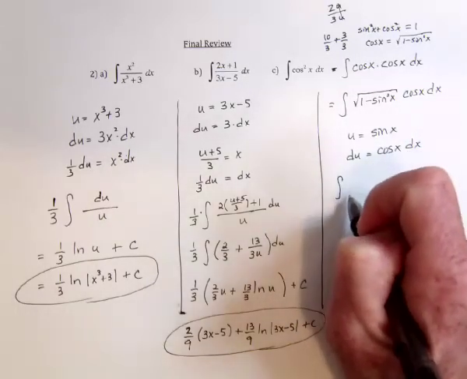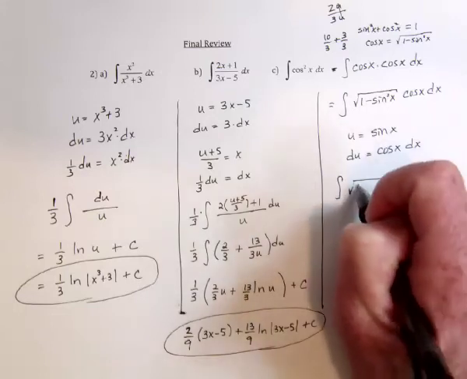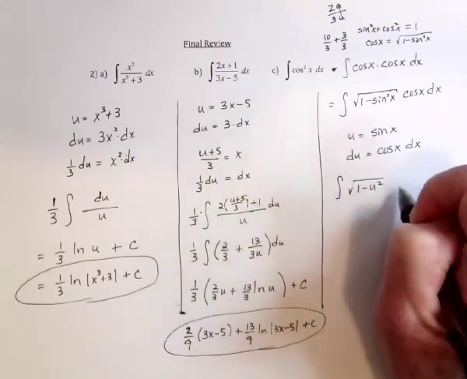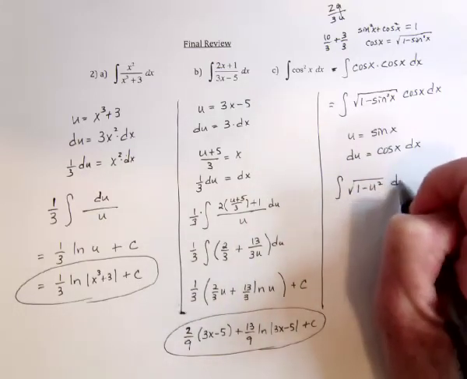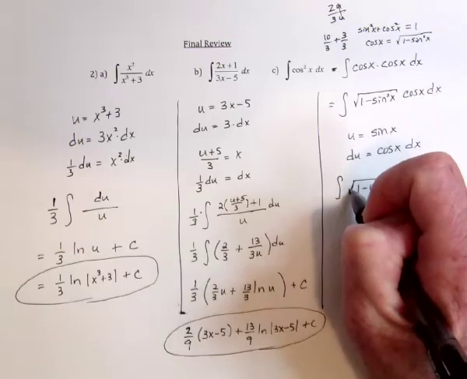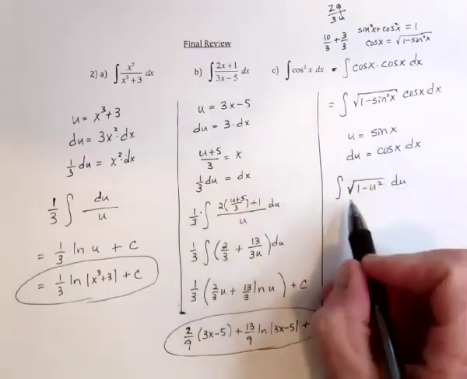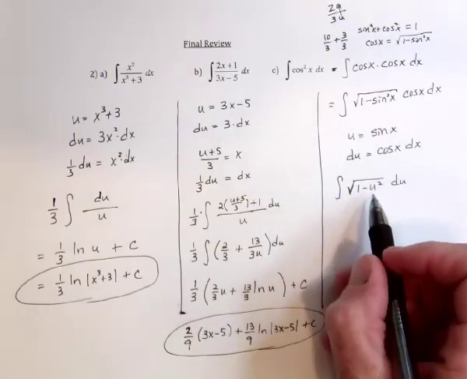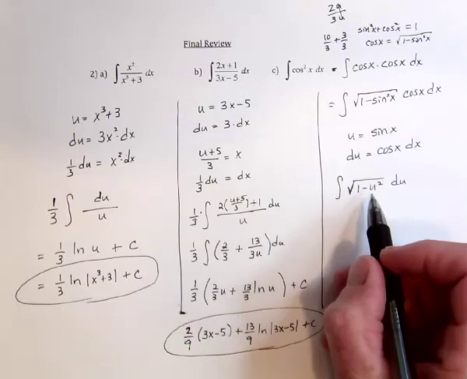Making the substitution, we would get the square root of 1 minus u squared, and then du. And there's no algebra for us to be able to really simplify this, so we just have to deal with it the way that it is.